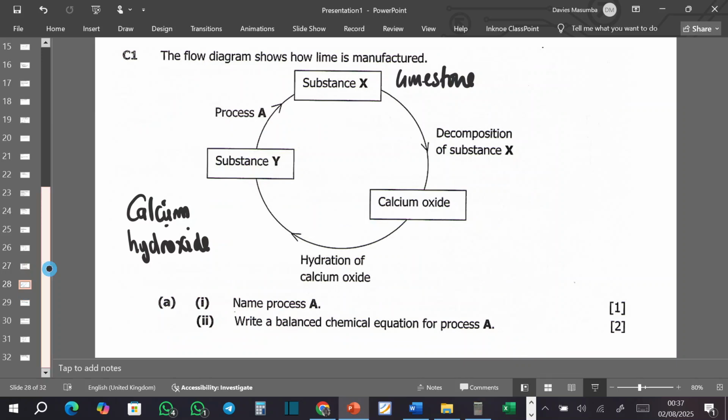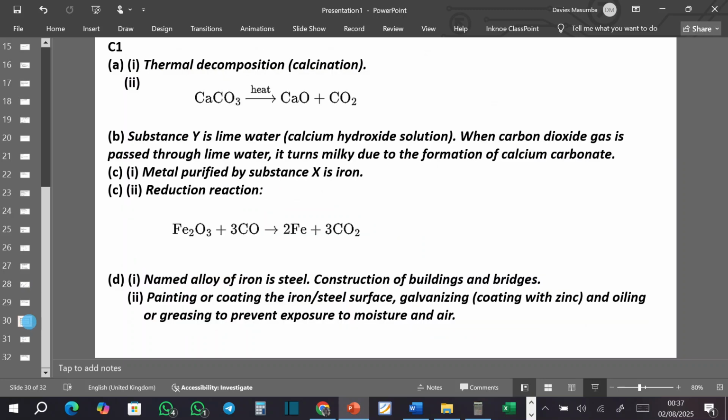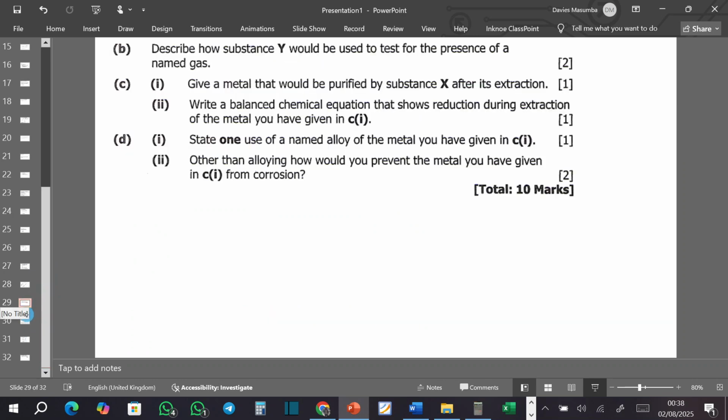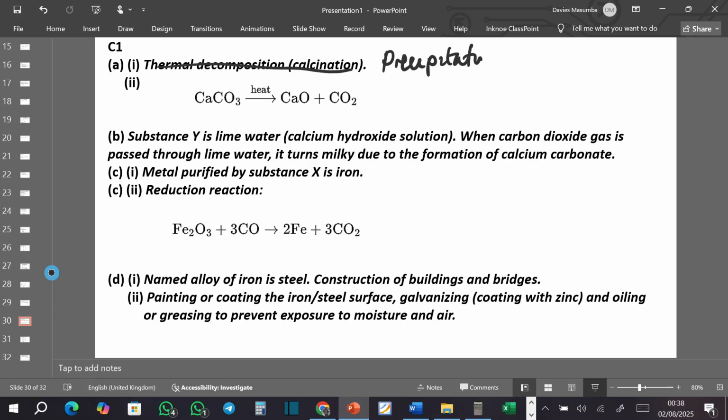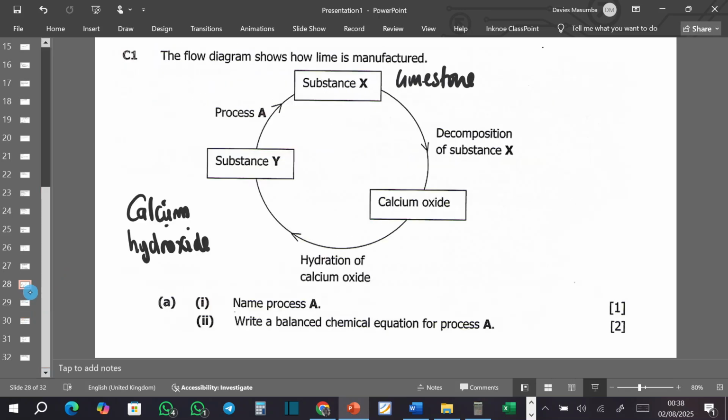So here, name process A, which is this one. That should be precipitation. Okay, process A is precipitation. Why?